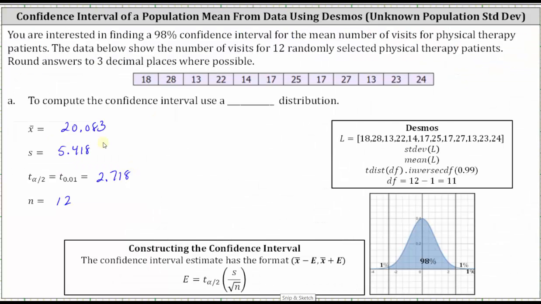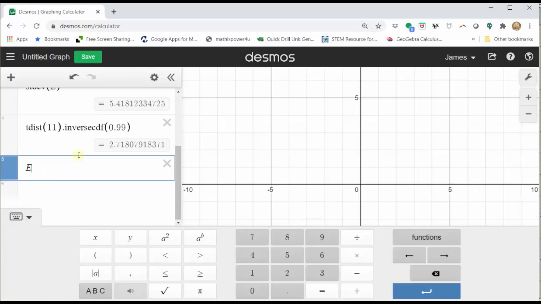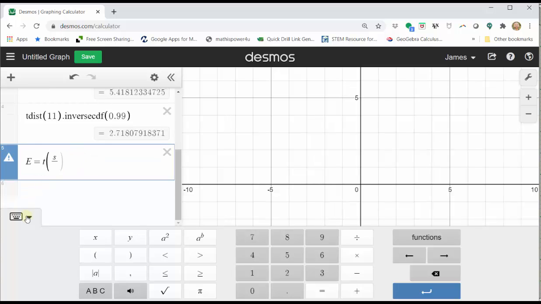Now that we have the information we need, we will calculate the error using the error formula in Desmos. Going back to Desmos, in cell 5, enter E equals t, open parenthesis, s divided by square root n. Notice how we have an option to add sliders for t, s, and n. Click All.